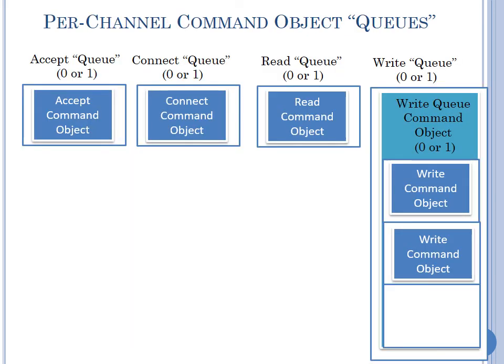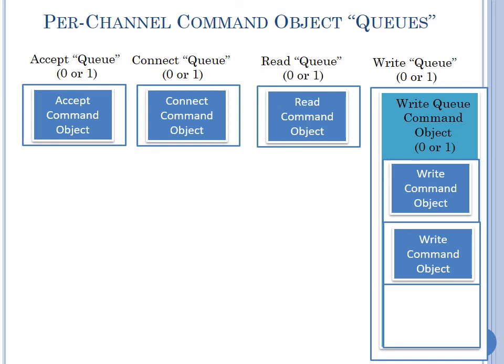So this is a pictorial description of what's happening. We have only one accept command, and that may not exist also. Okay, so we can have 0 or 1 accept command. When the channel is first created, there is no accept command till it's issued explicitly. Similarly, connect command, there's only one per channel. There's only one read command per channel. And there are multiple write commands, okay, one for each buffer that you want to write.